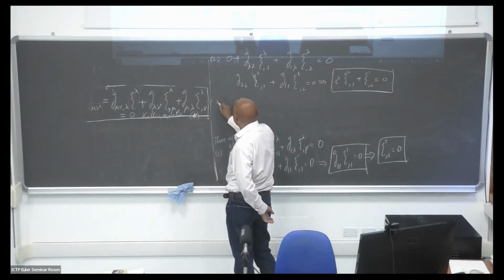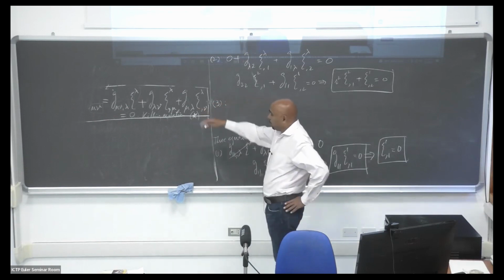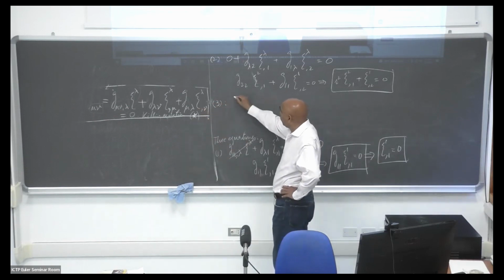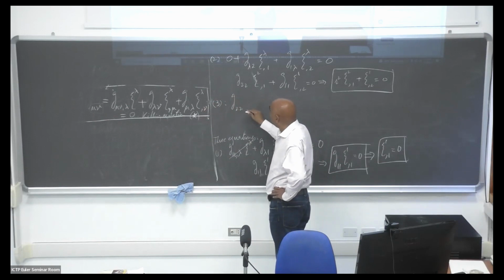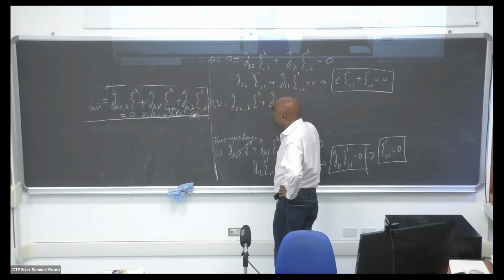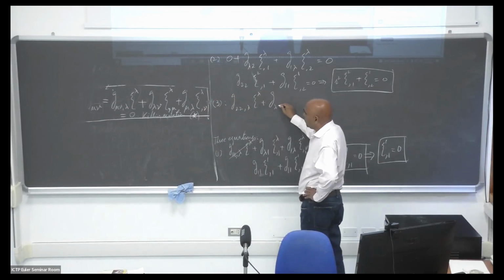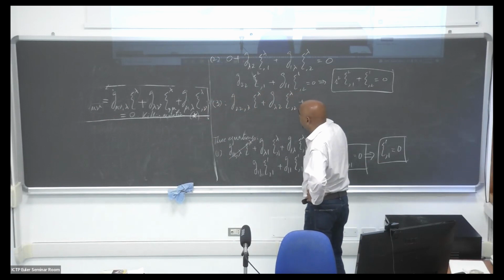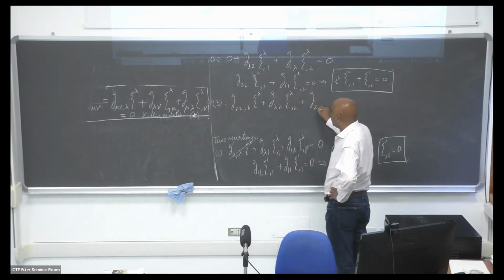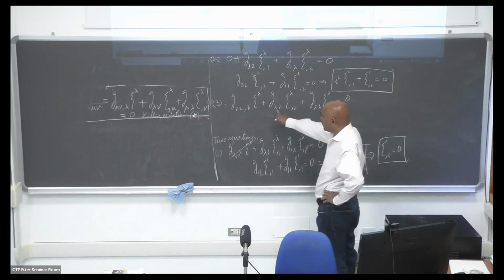And for the third equation, we take 2,2: G22 comma lambda xi lambda plus G lambda 2 xi lambda comma 2 plus G 2 lambda xi lambda comma 2 equal to 0. These two are the same.